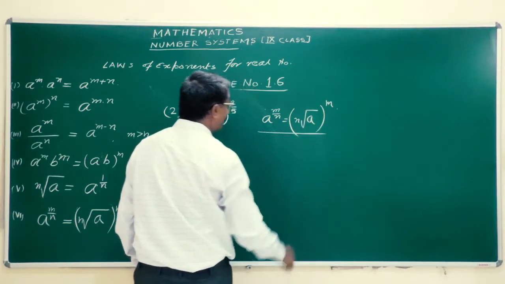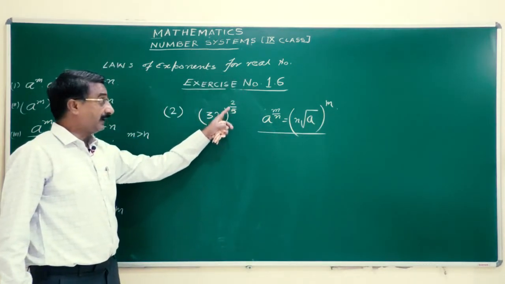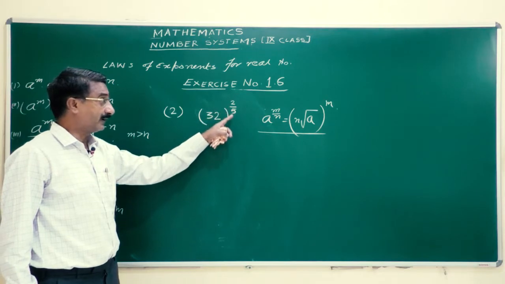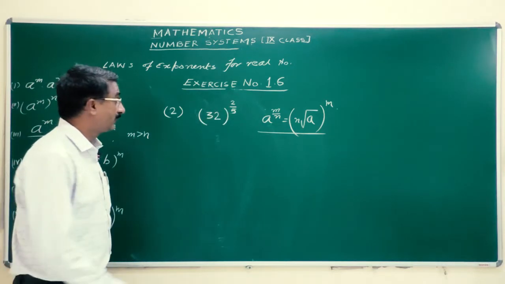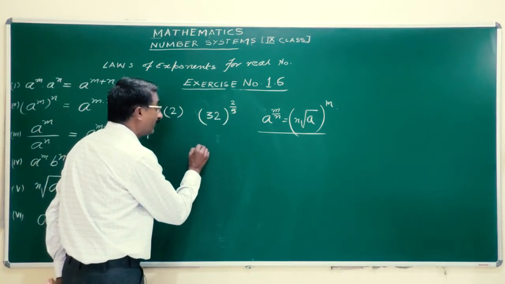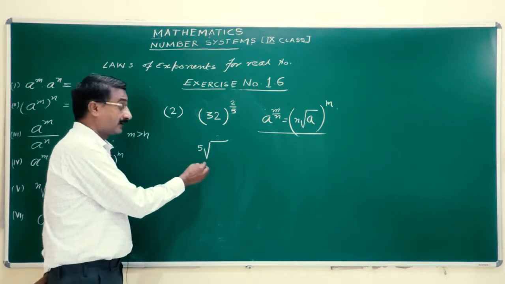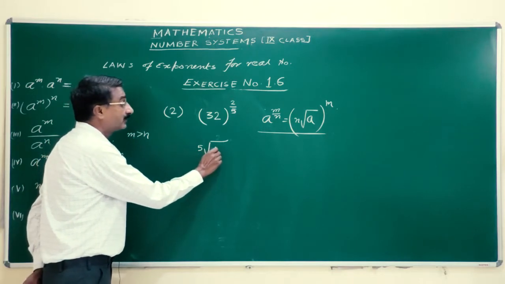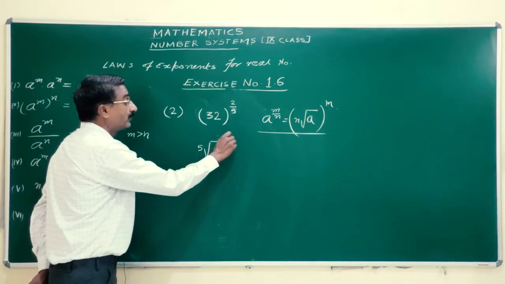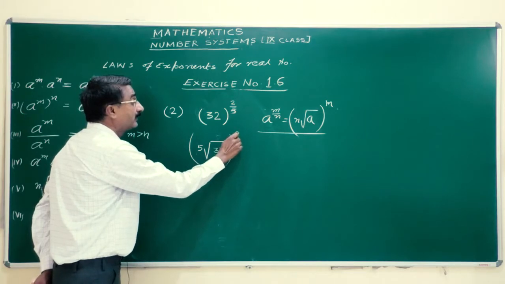Clear? So, here m is equal to 2 and n is equal to 5. So, I will write the fifth root. You can see here, this is the fifth root of 32, whole raised to the power 2.